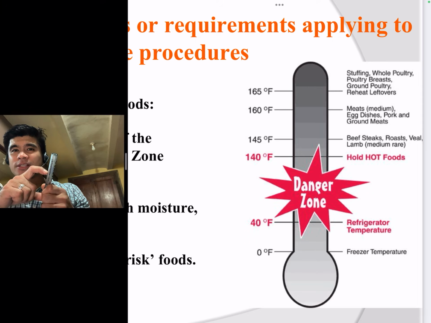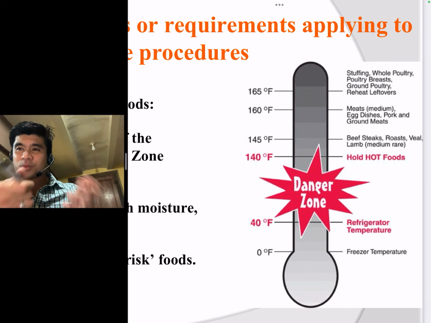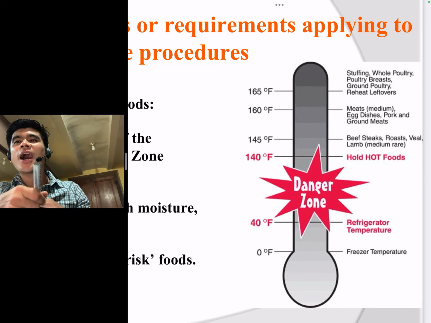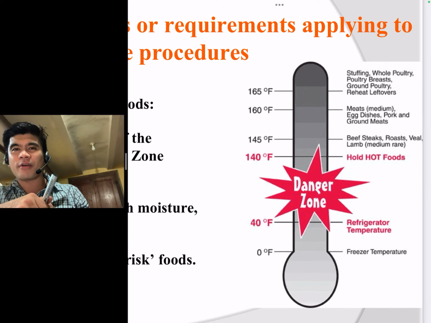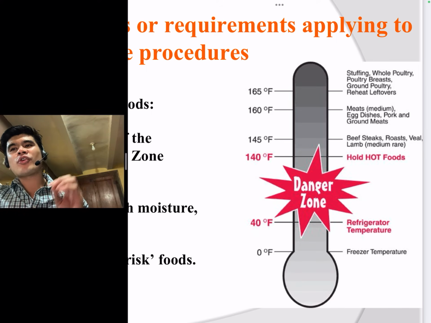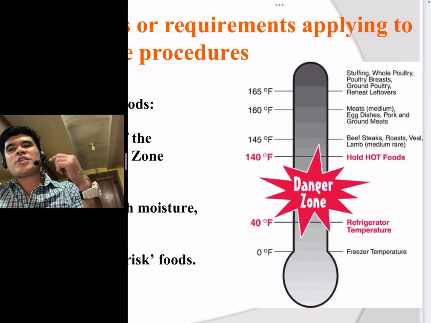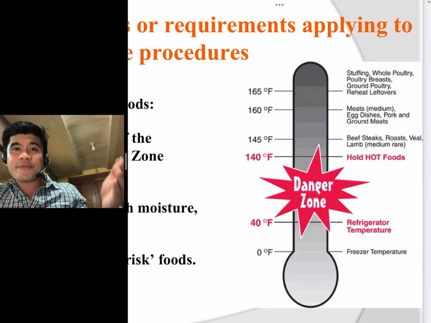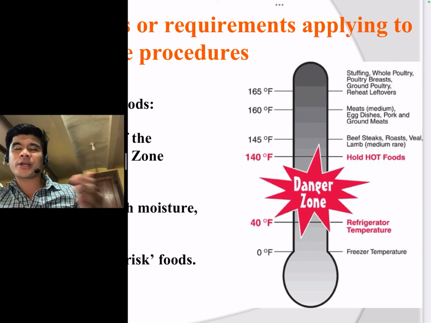Can I serve this? No, definitely not. Because why? The steak needs to be 145 Fahrenheit for you to be able to serve it. And even if it goes up, it's even better, because the more it goes up, the hotter the food becomes.